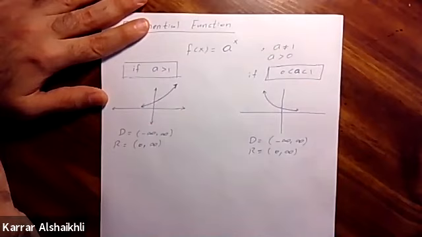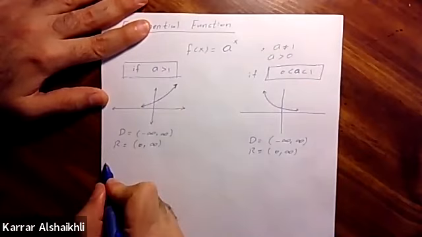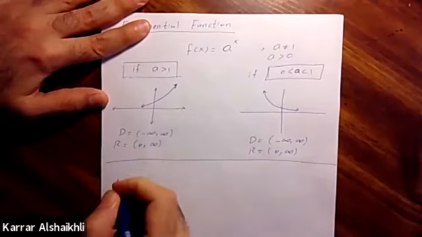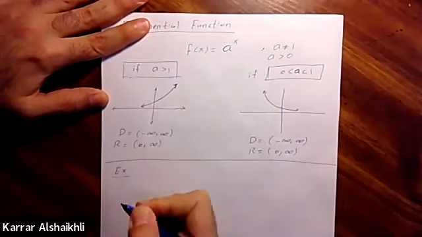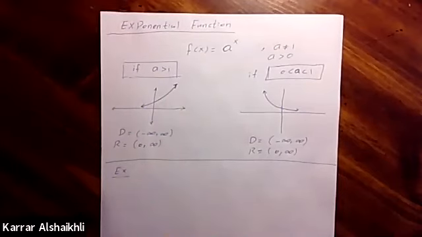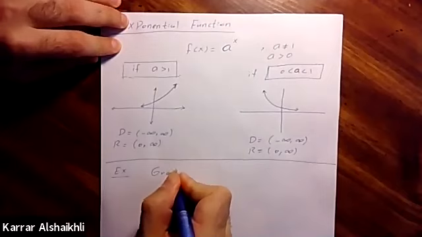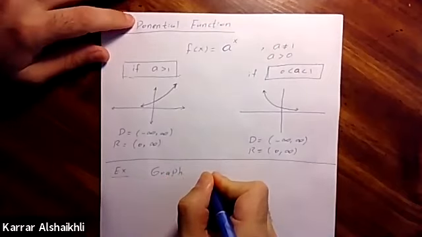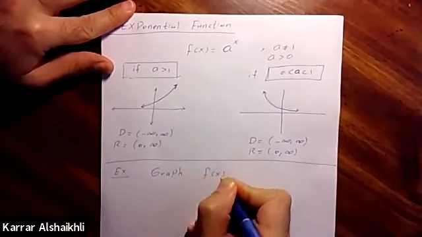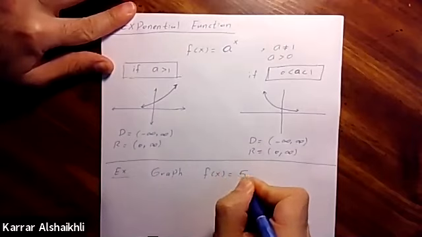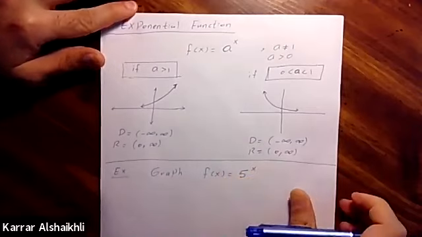This is how to see the exponential function. For that, we're going to take a simple example. If they ask you to graph an exponential function, graph this function, f of x equals 5 to the exponent x.